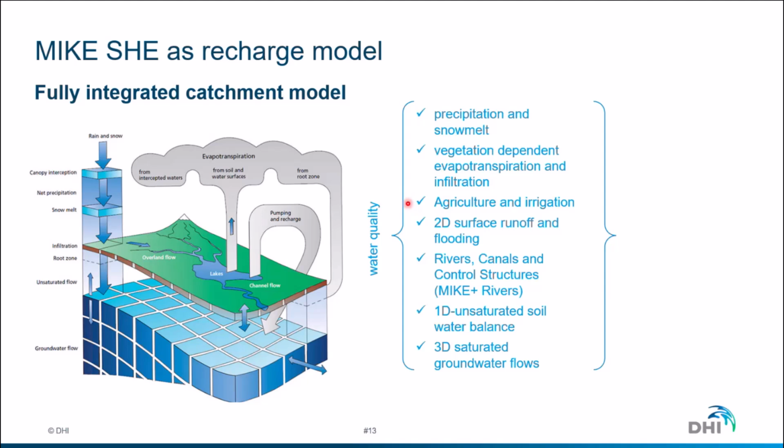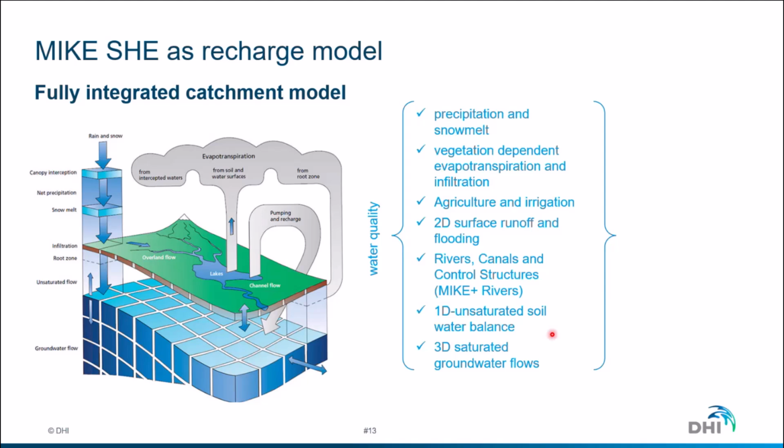You can even include agriculture and simple to complex irrigation measures. We have a full 2D surface runoff and flooding model, which solves the Saint-Venant equations, the shallow water equations. You can also incorporate 1D rivers, including canals and complex control structures and logical rules, even 1D sewers, by coupling it to our software MIKE+.